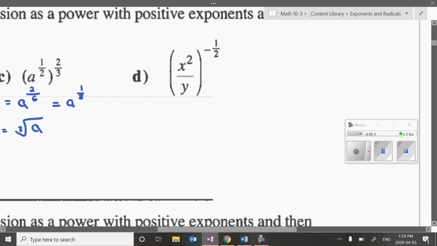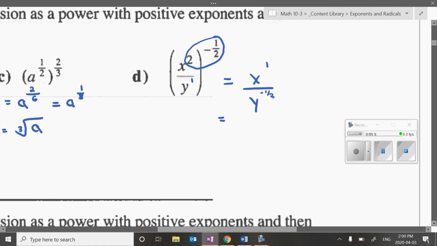This next one, again, lots of different ways you can go through this one to solve it. I'm going to go first and do my multiplication of this. 2 times negative a half is going to become x to the power of 1 over y to the power of negative a half. Remember, there's like this hidden 1 here.